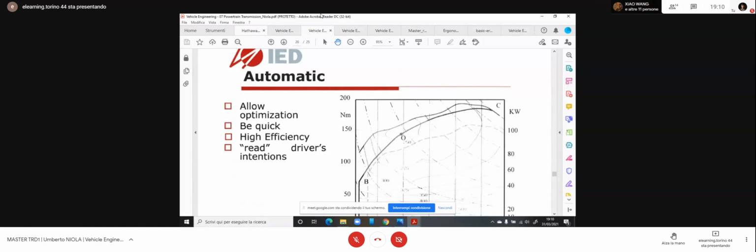So automatic transmission helps both comfort and relief from having to be really skilled drivers.